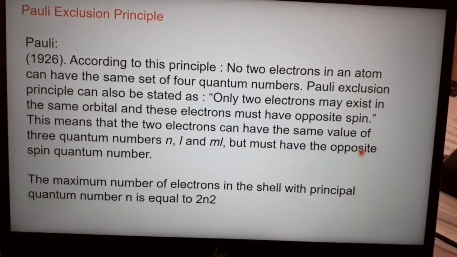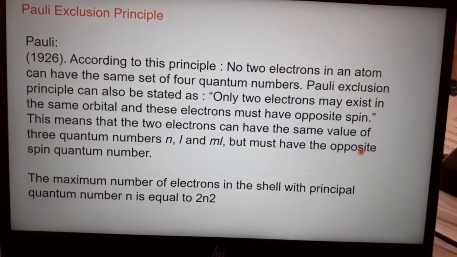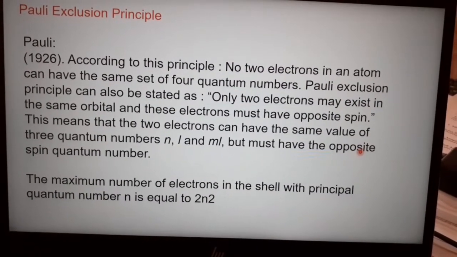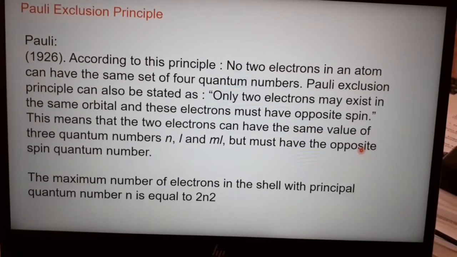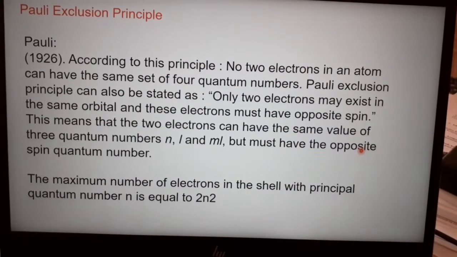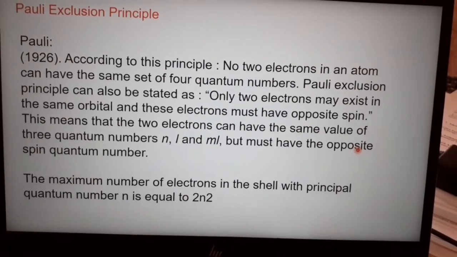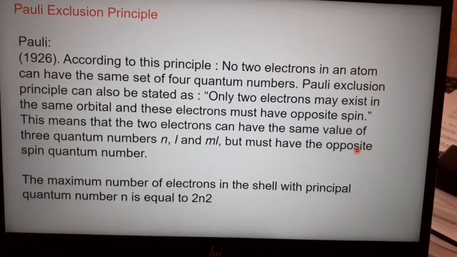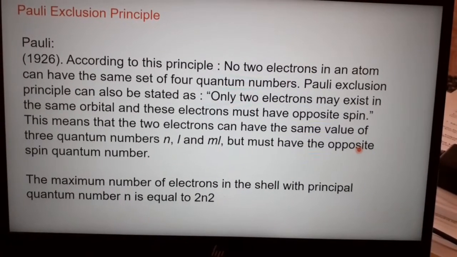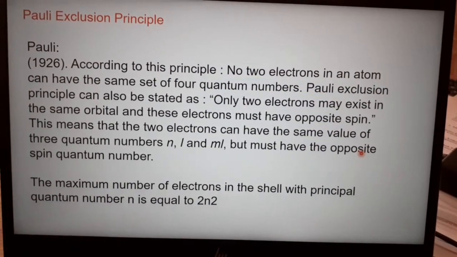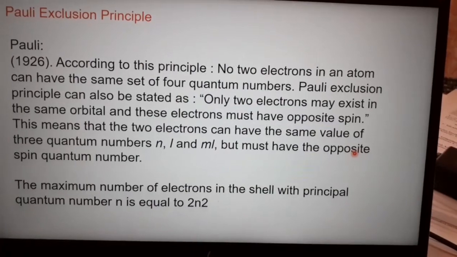This means that two electrons can have the same values of the three quantum numbers n, l and ml, but must have opposite spin quantum numbers, designated by upward or downward direction, with values plus one-half or minus one-half. The maximum number of electrons in the shell with principal quantum number n is equal to 2n squared, right?